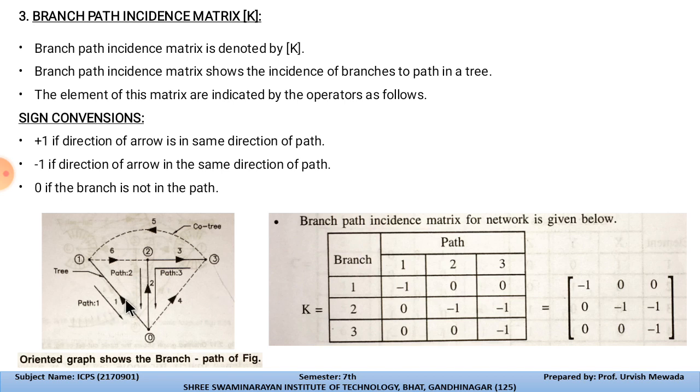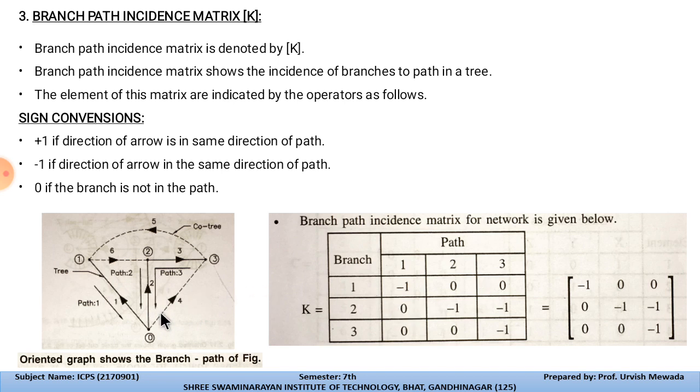Now branch 1 with 3: there is no relation between 1 and 3, so it is again taken as 0. Now for branch 2, the path we have taken is like this. Here you can see that 2 with 1 has no connection, so it is taken as 0.